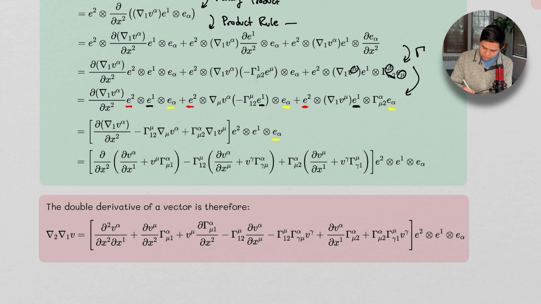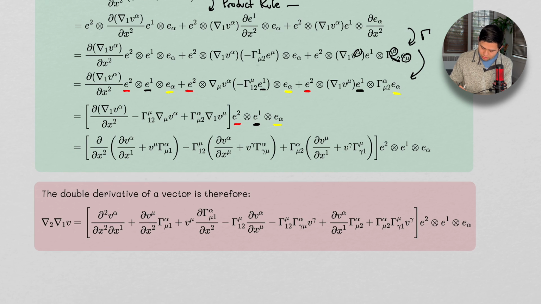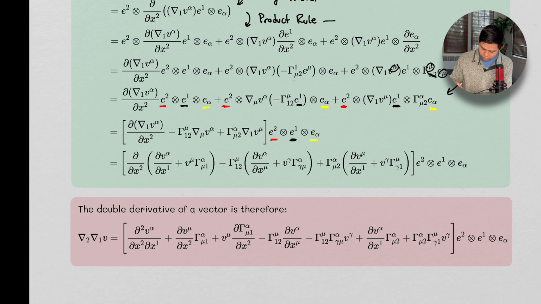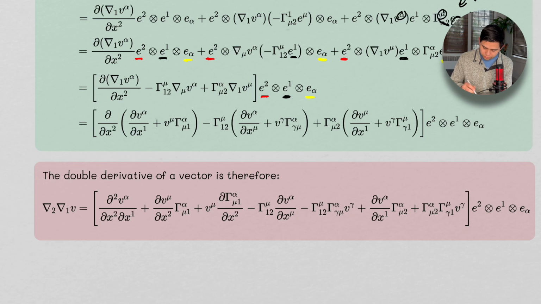So there's our alphas, there's our E2s, and our E1. We're taking all of those out, and we now have the formula for the components of this double derivative. All right.